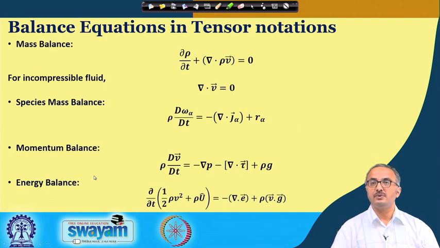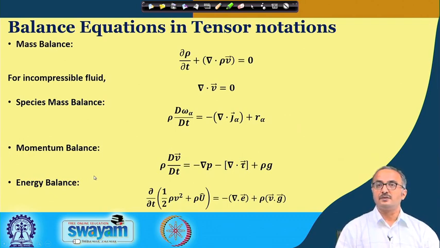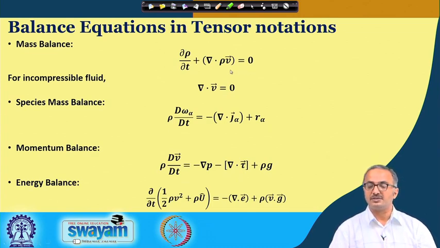Now, after deriving all the equations for the mass balance, the energy balance and the momentum balance, I just list out the simplified form of these equations in this particular slide. First we start with the mass balance, which considers, in general, a compressible fluid.